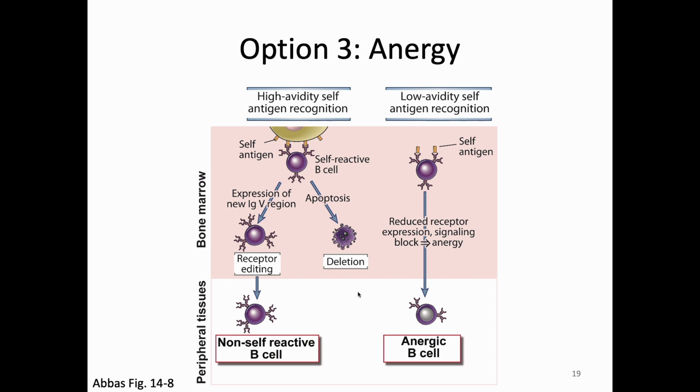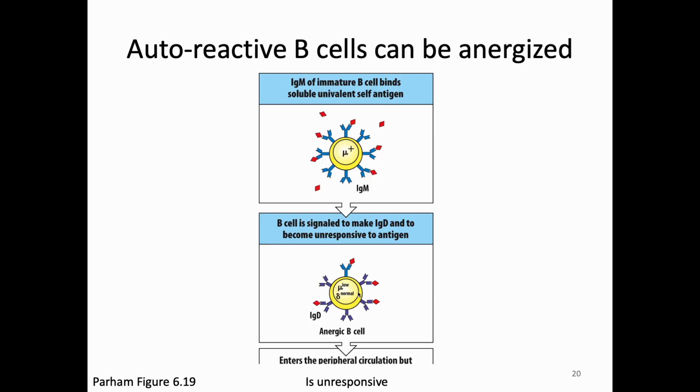So we usually talk about anergic B cells as actually having something happen so that their signaling doesn't work anymore. You can't turn them on. These are sort of permanently off cells. So these cells are unresponsive. As I mentioned, they are present, but they are not functional. So these cells are allowed to leave the bone marrow, but they're turned off to not do anything when they leave the bone marrow.